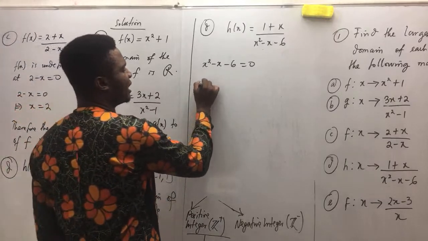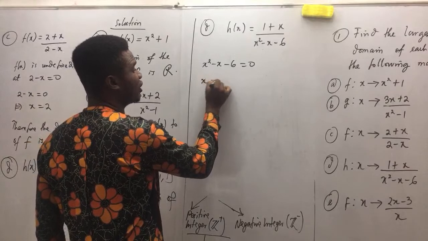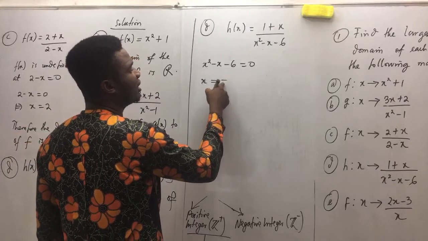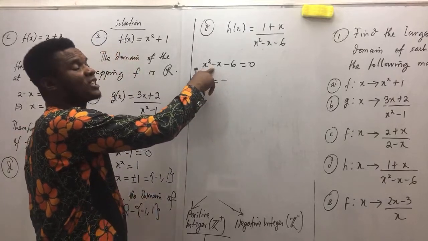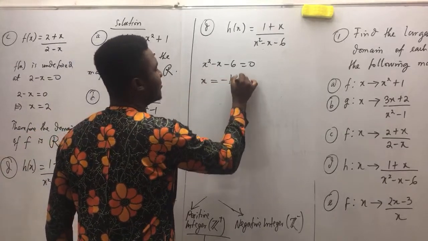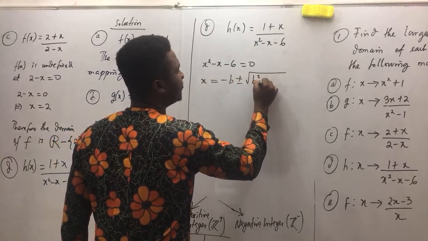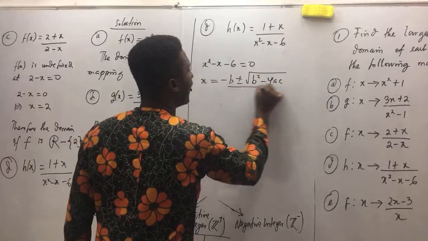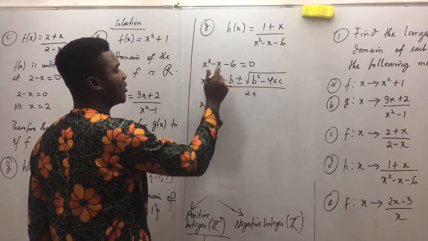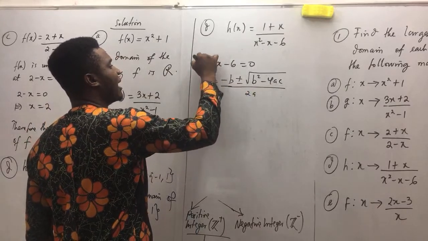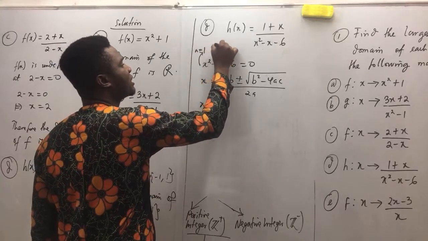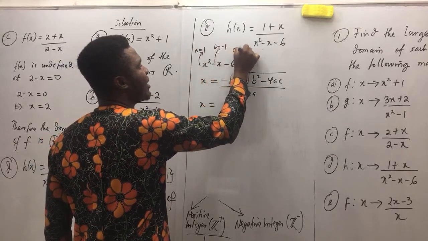The solution to this quadratic equation can be obtained using the quadratic formula: x equals minus b plus or minus the square root of b squared minus 4ac, all over 2a. Using it on this problem, a is 1, b is minus 1, and c is minus 6.